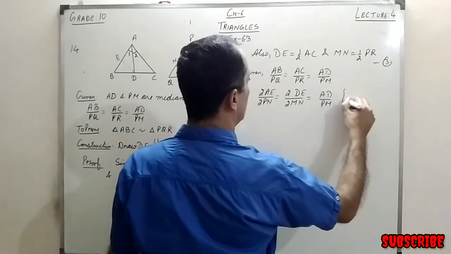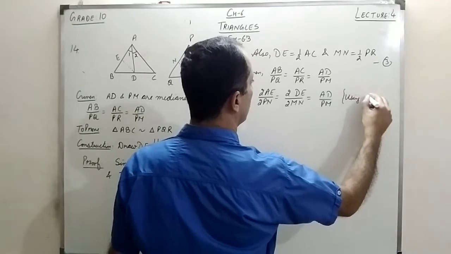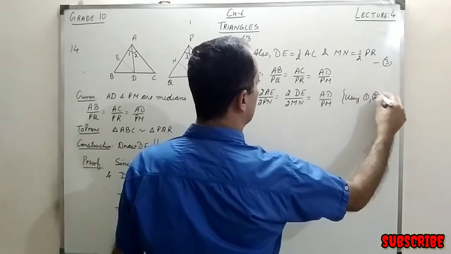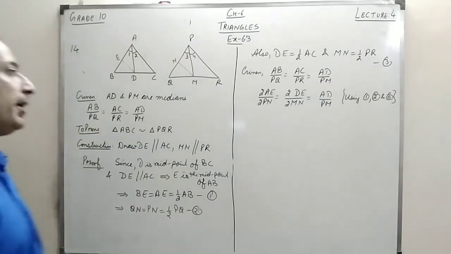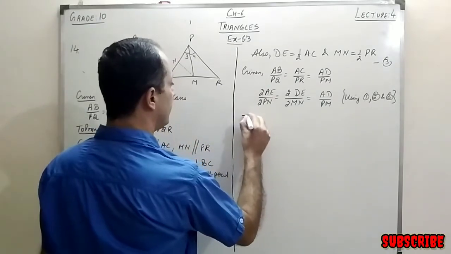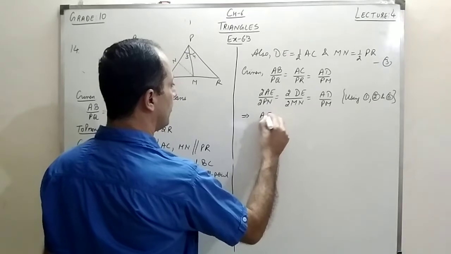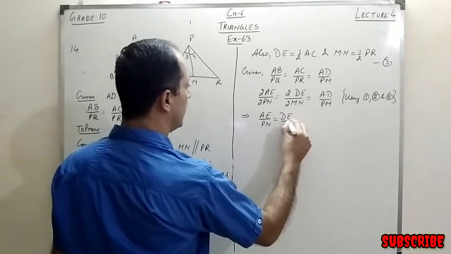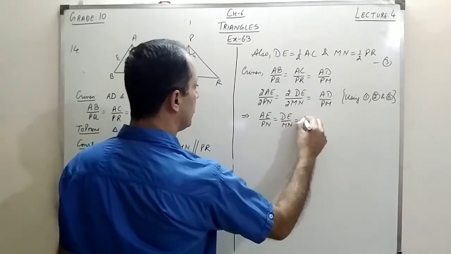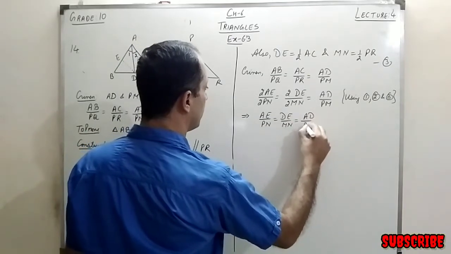I can say using 1, 2 and 3. Now when I cancel these two, what is left with me? That AE upon PN is equal to DE upon MN is equal to AD by PN.